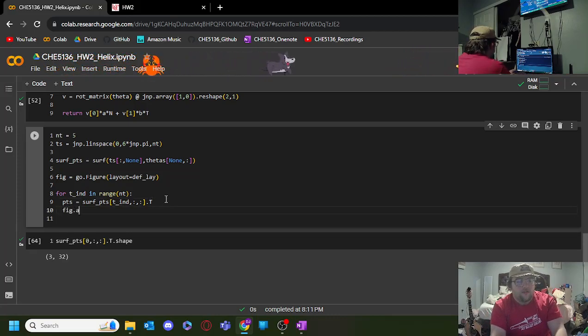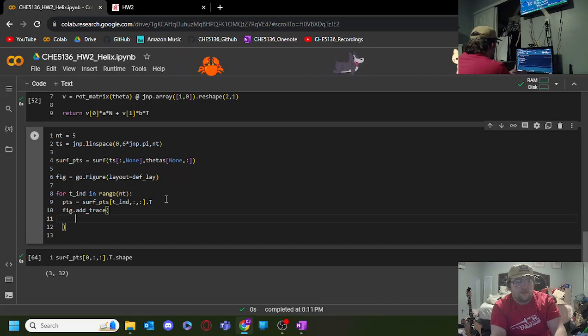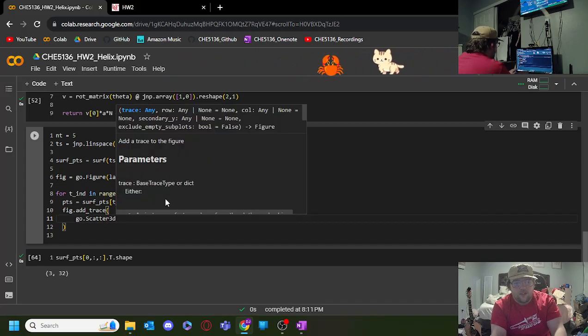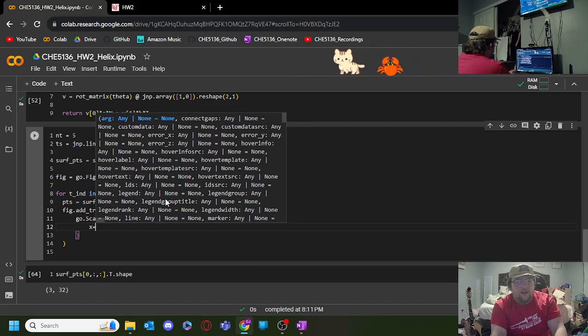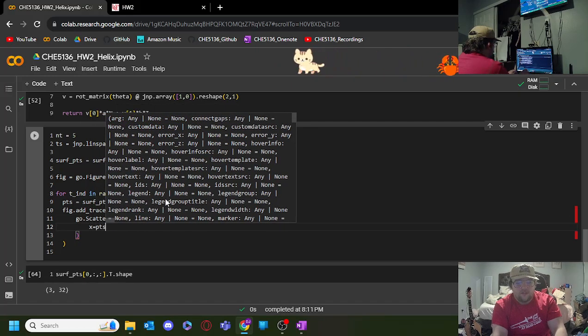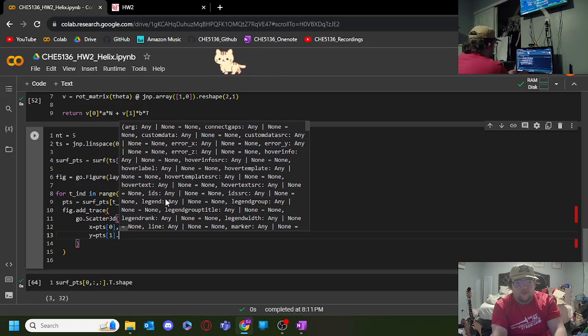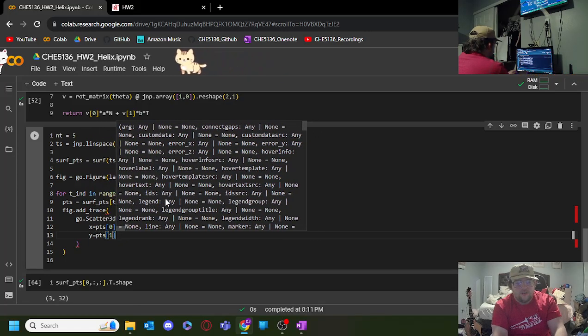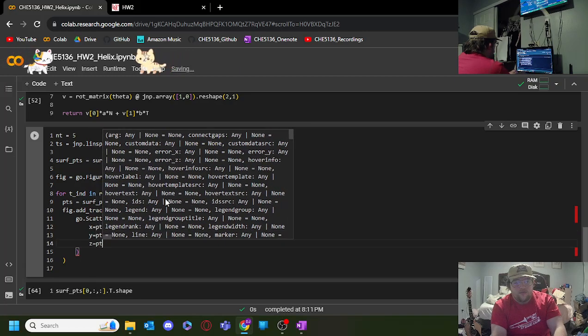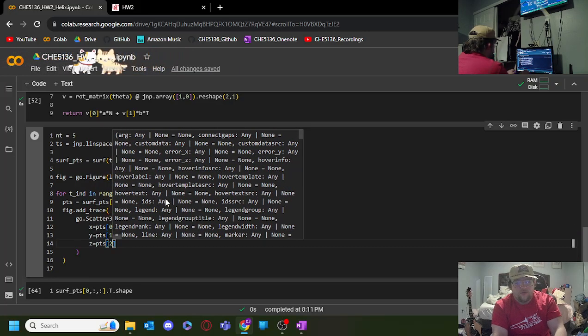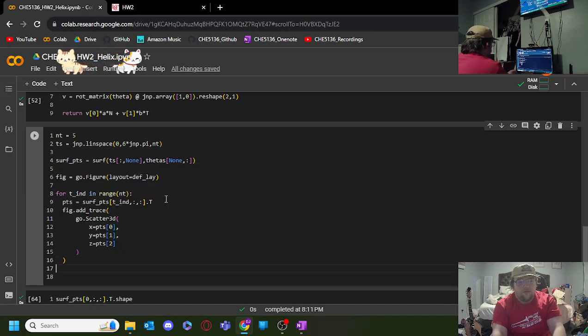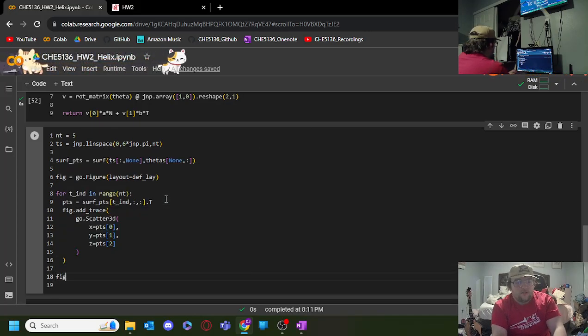So if I do fig.add_trace, scatter 3D, because we're back on the 3D plane, x equals 0.0, y equals 0.1, z equals 0.2. Look at that.